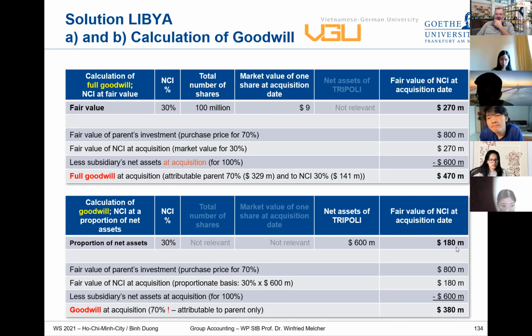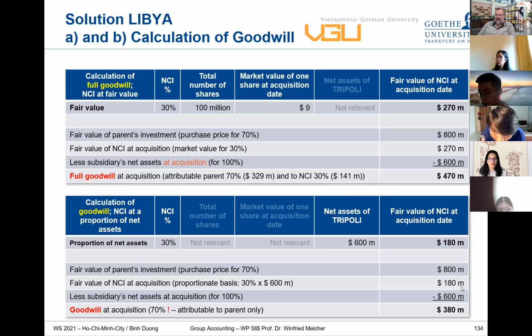And if we don't have that market value information, we will consider this to be the fair value of the non-controlling interest at the acquisition date. So you see, we will then use only this information, the 180 million, which is the fair value of the NCI at acquisition, and then add the purchase price of the parent company, which is 800 million.